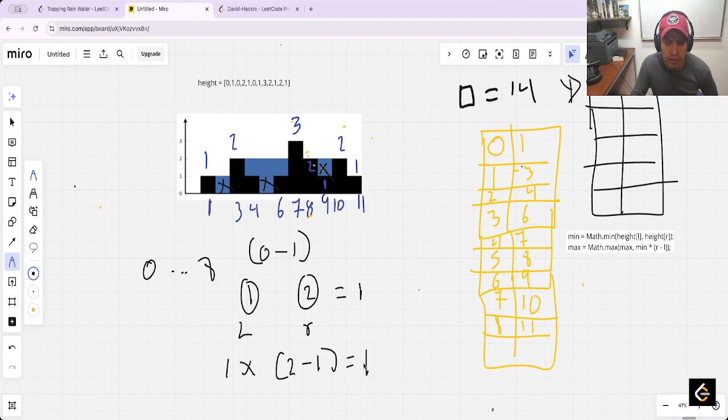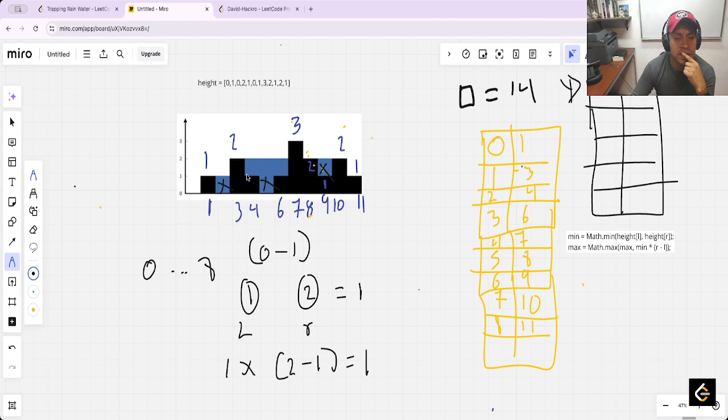here is 1, but I need to remove the barriers here. Yeah, because here it works, but between this and this it's only 2, but it should be 3. 1, 2, 3.